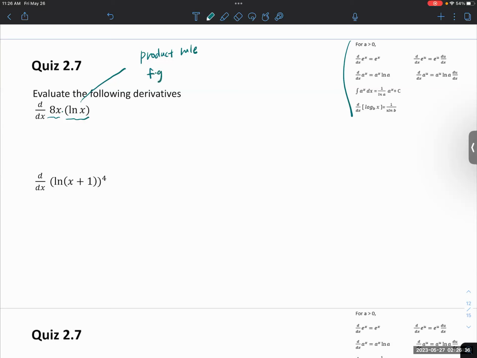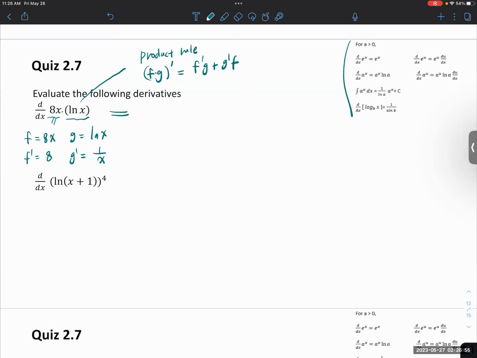For f times g, you're going to take the derivative: f prime g plus g prime f. So I'm going to set f to be 8x, so f prime will be 8. The g function is ln x. What is g prime? The derivative of ln x is 1 over x.